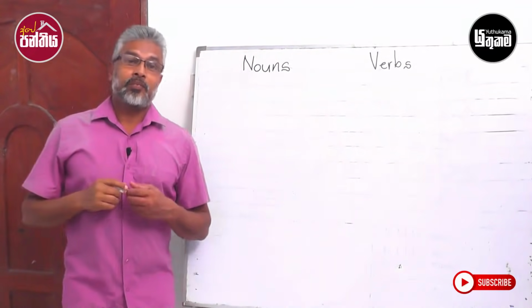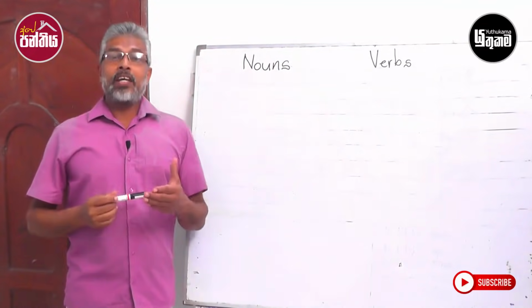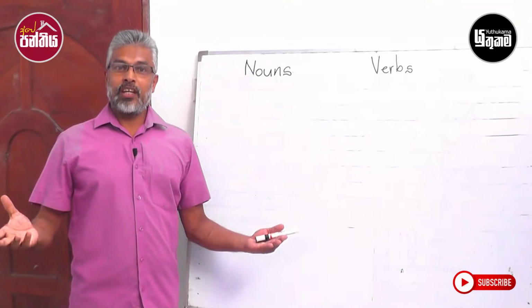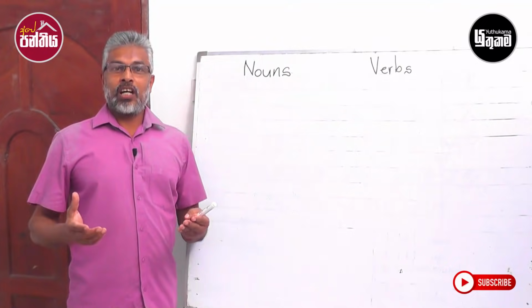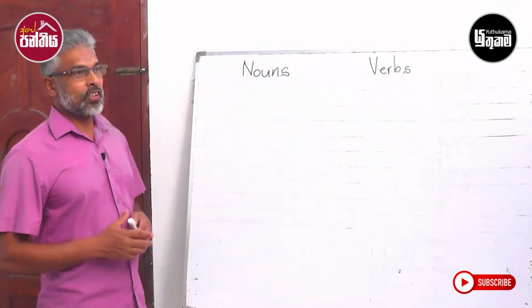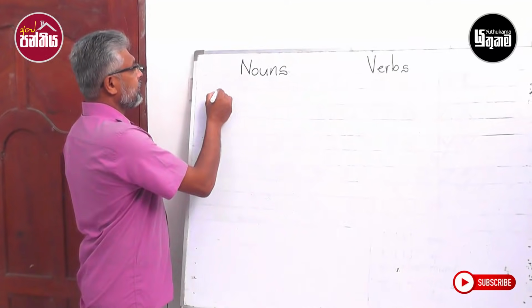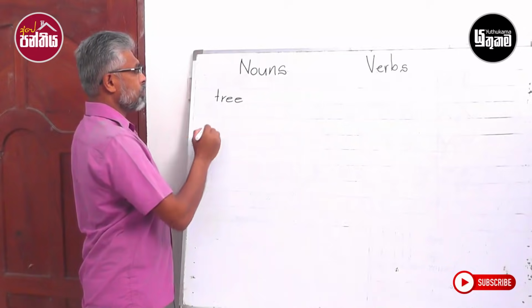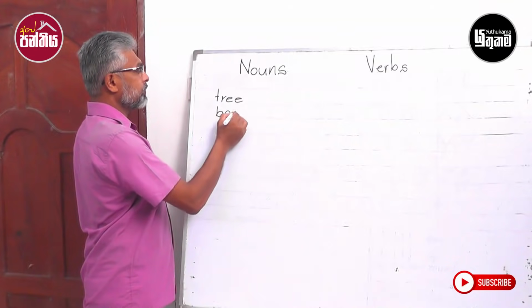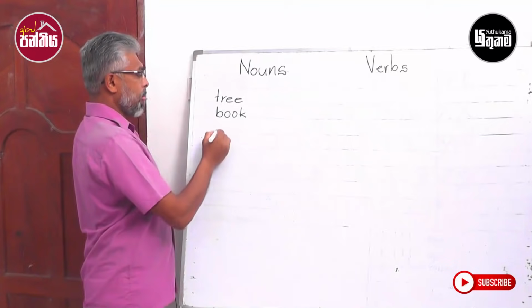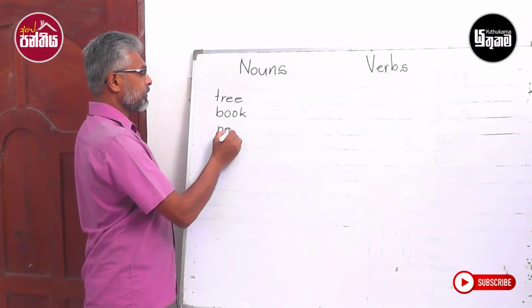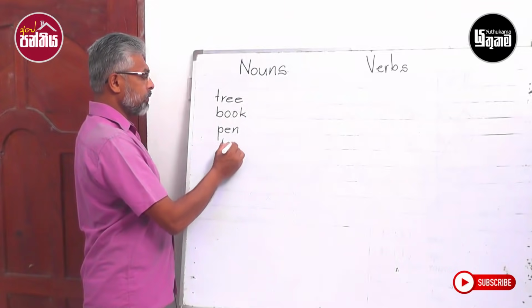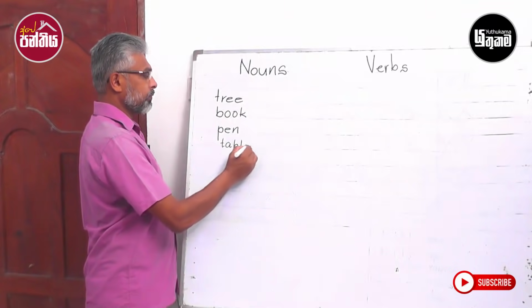And here, when I ask you to name a noun, you might come up with lots of nouns like tree, book, pen, and table, right?